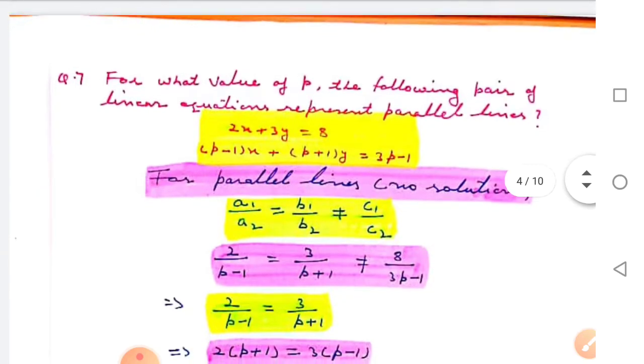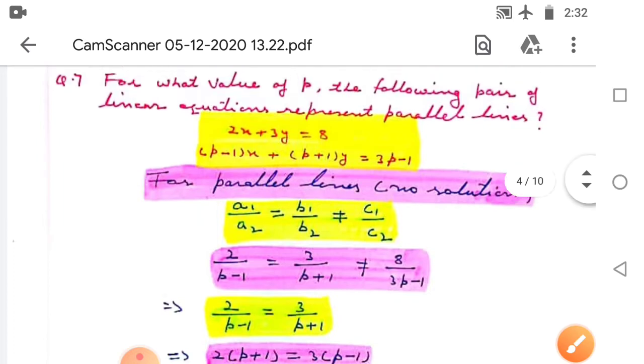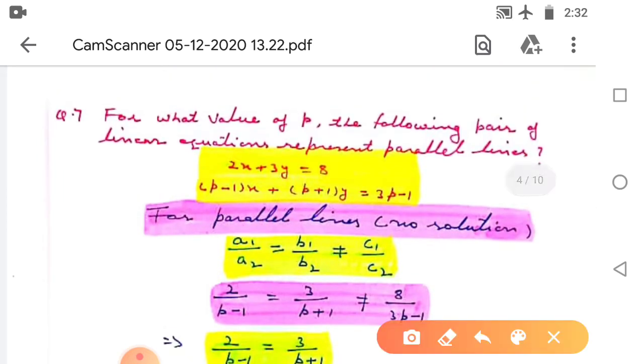And now come to question number 7. Again, for what values of p does the following pair of linear equations represent parallel lines? The first equation is 2x plus 3y is equal to 8.